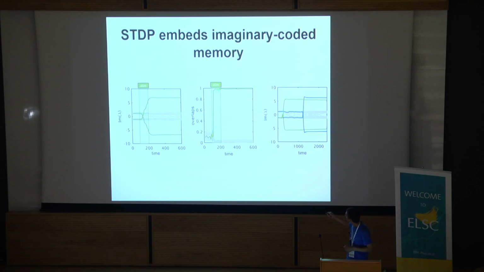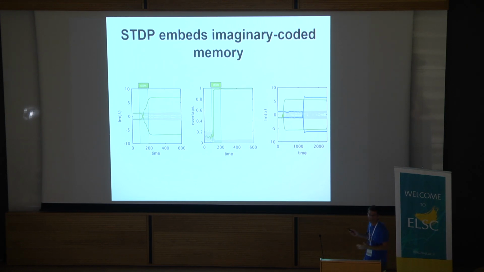We can also see that the eigenvectors associated with it really belong to the input I chose. And we can later apply a second memory, and we see that they co-reside without interfering with each other. So this means that homeostasis implies imaginary coded memories are more resilient than real coded memories.